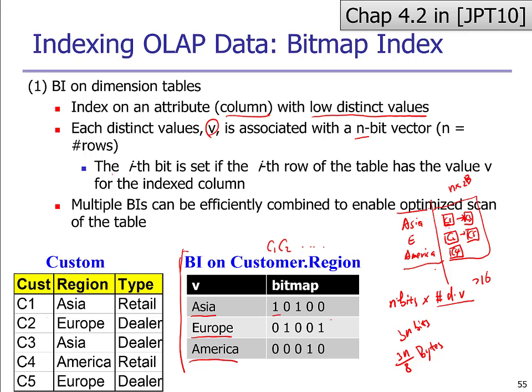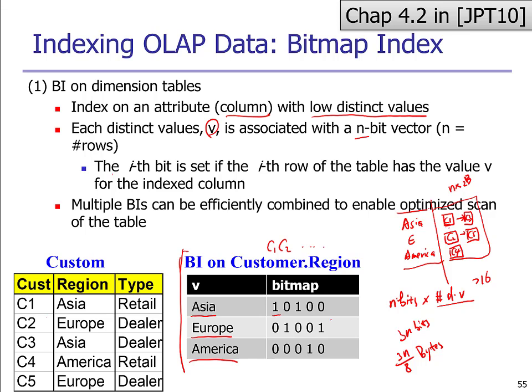Right? So that's why we need low distinct values. Multiple bitmap indexes can be efficiently combined to enable optimized scan of the table. Because consider the operation between 2 bit vectors, right? For example, if the query is to find the number for Asia and Europe.